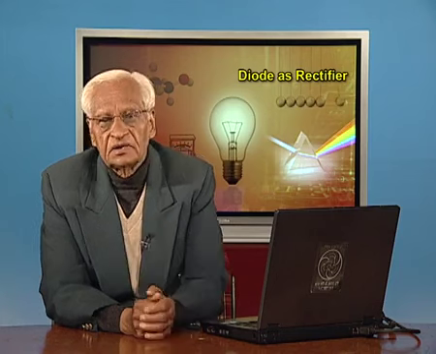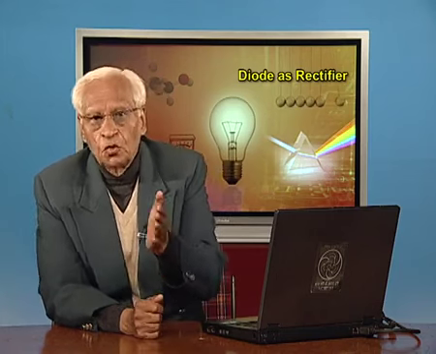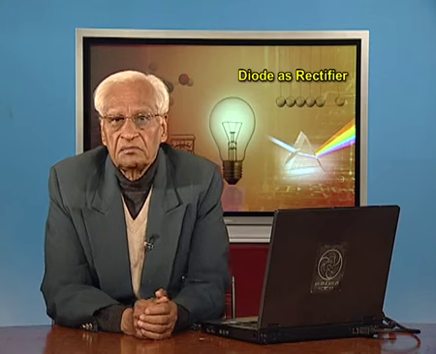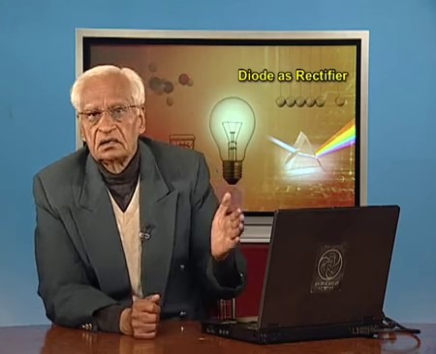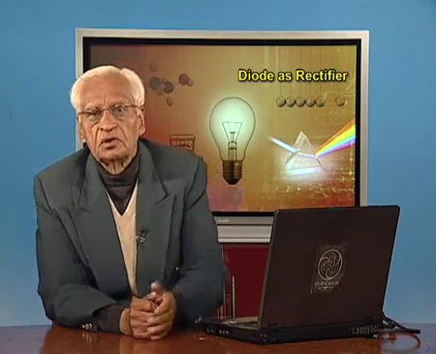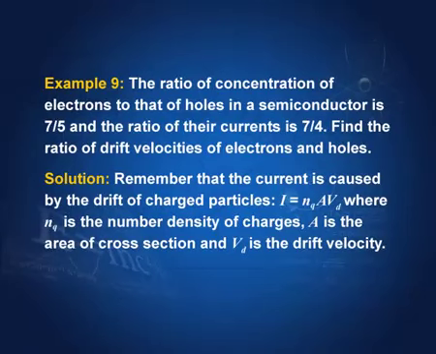Similarly, in p type semiconductor, the holes are the majority carriers, but electrons also contribute little bit to the current. So, here we are given that the ratio of electrons to holes is 7/5 and the ratio of their currents is 7/4. Find the ratio of drift velocities of electrons and holes.